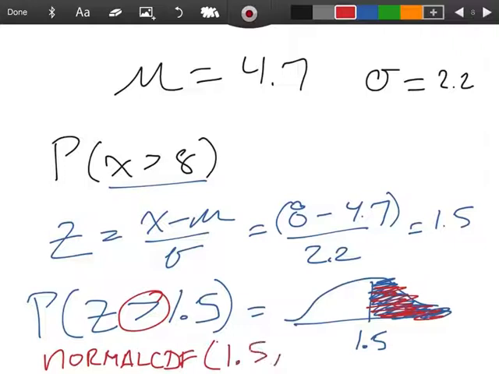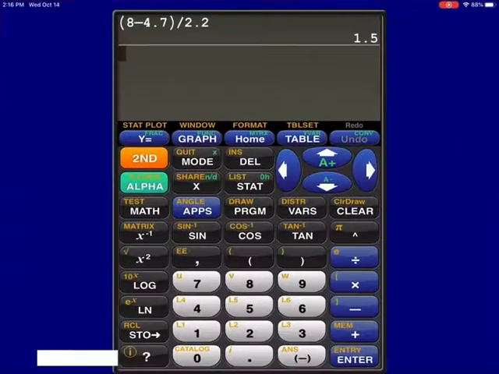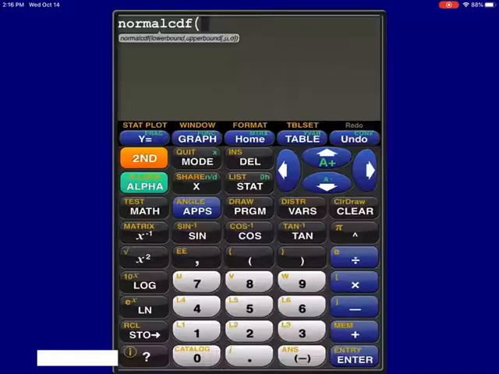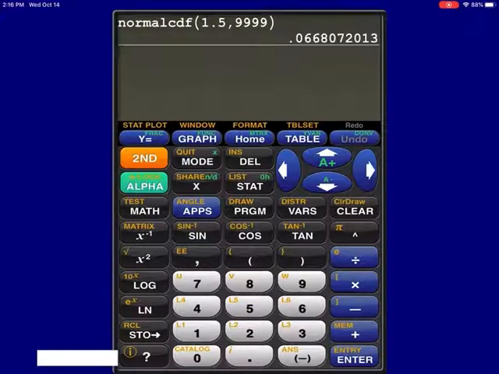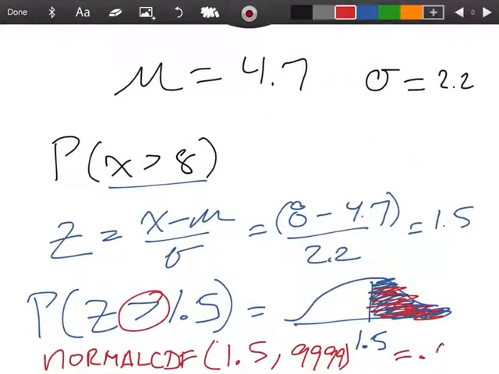My lower bound being 1.5, and my upper bound, because it goes forever and ever and ever, a whole bunch of 9s. Okay, so let me take my calculator again, clear it out. Second vars, normal CDF, 1.5, comma, and then a whole bunch of 9s, and I'm coming up with, to 4 decimal places, 0.0668.